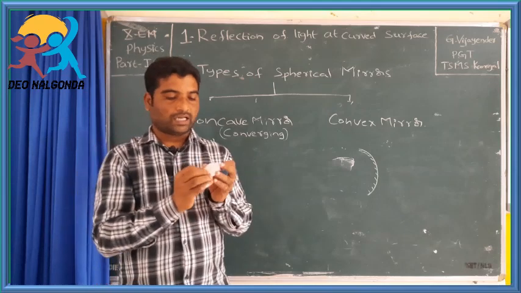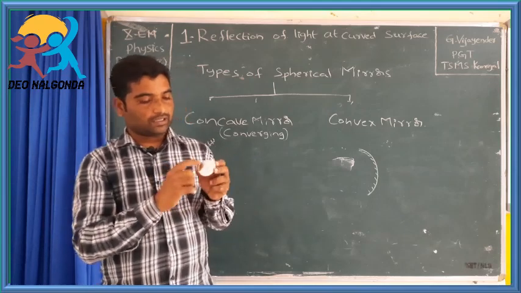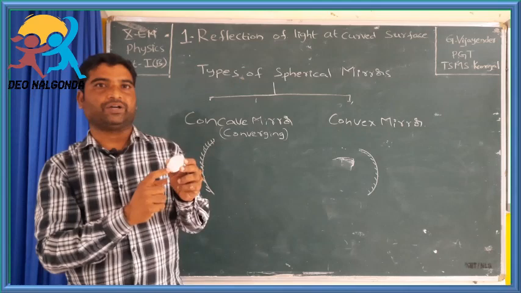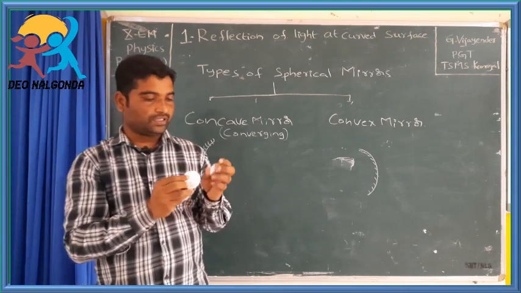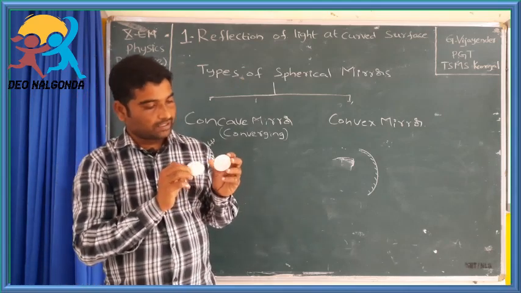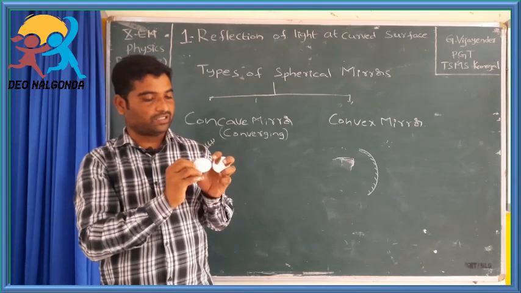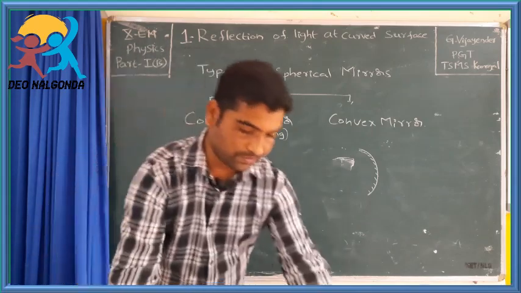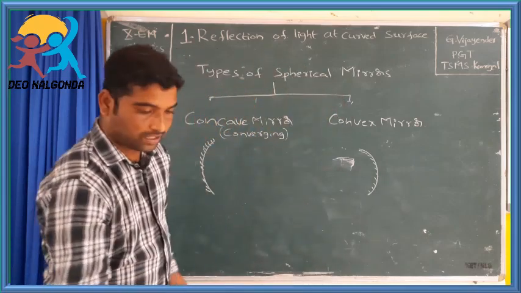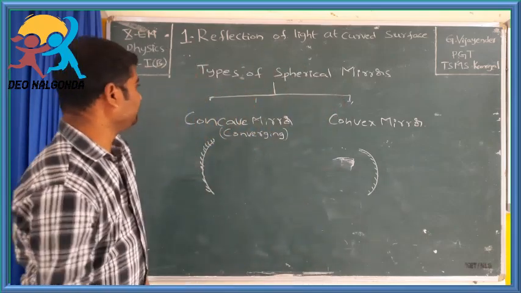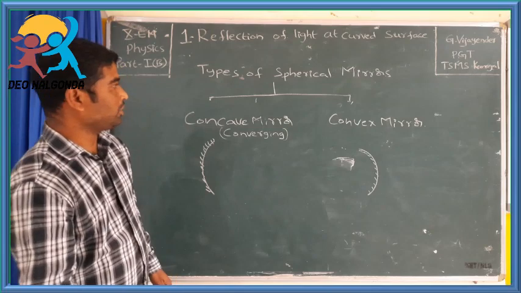This is the convex mirror. Here the reflecting surface is outward. You can clearly observe that the reflecting surface for the concave mirror is inside, and for the convex mirror it is outside. Next, some terms related to concave and convex mirrors, or spherical mirrors.